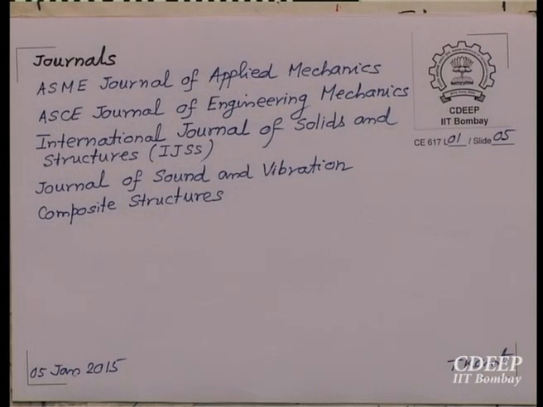Now, besides this, I will also be referring to some journals. Of course, the classic journal on mechanics, as far as solid mechanics, even in fluid mechanics, is the ASME Journal of Applied Mechanics. Anything on mechanics, if you can publish in the ASME journal, I think it is much better, it is top. Your rating, although nowadays, do you know, there is an impact factor of a journal.